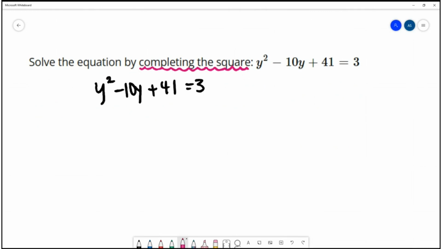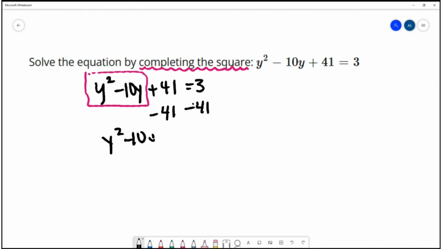And with the completing the square method, our first step is to isolate just our y terms on one side. So I'll subtract 41 on both sides. That gives y squared minus 10y equals negative 38.